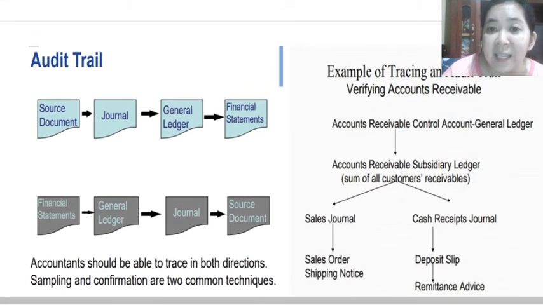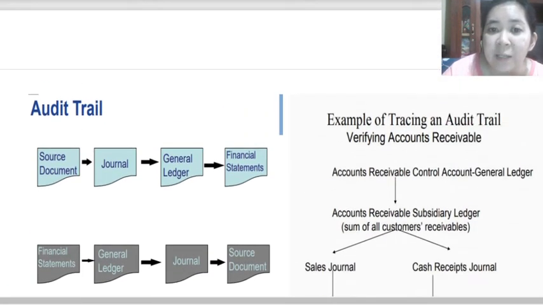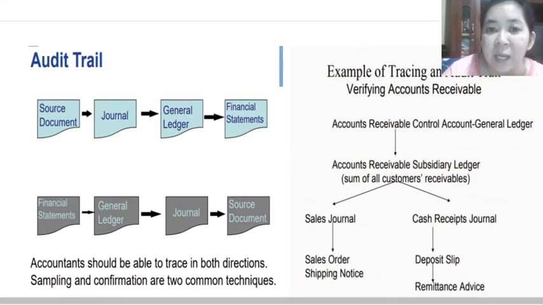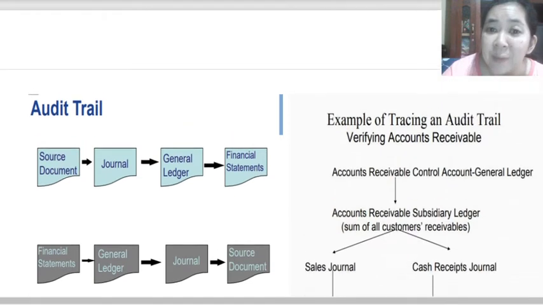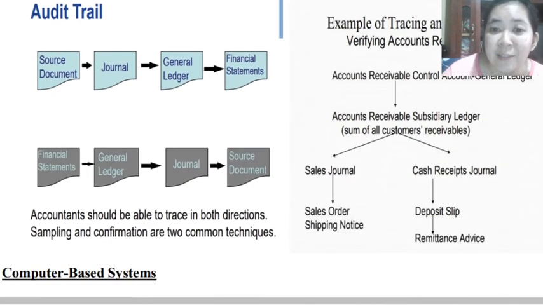So tracing in an audit trail verifies the accounts receivable. When you are doing the tracing, you will begin with the end. That's why we first look into the control account, or the general ledger of the accounts receivable, and then lastly the source documents.